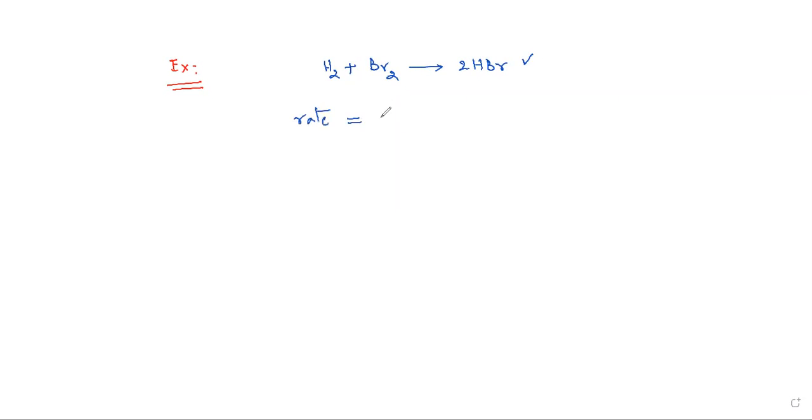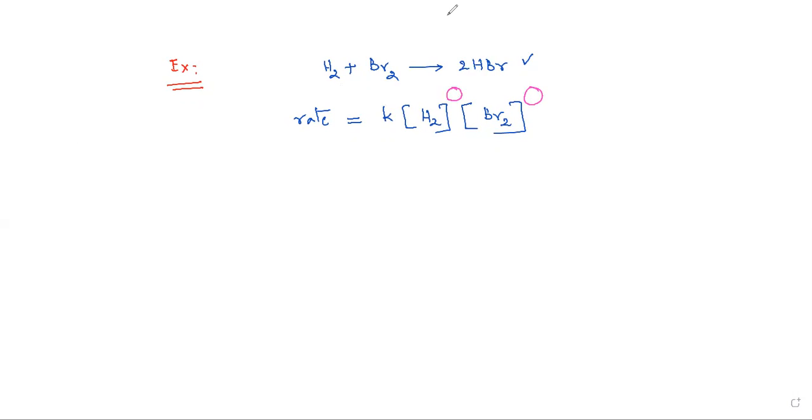Let us write the rate expression or rate equation like this, without any powers first. Let us see what powers we get after conducting the experiment. Now, how to conduct experiments? It's very simple.